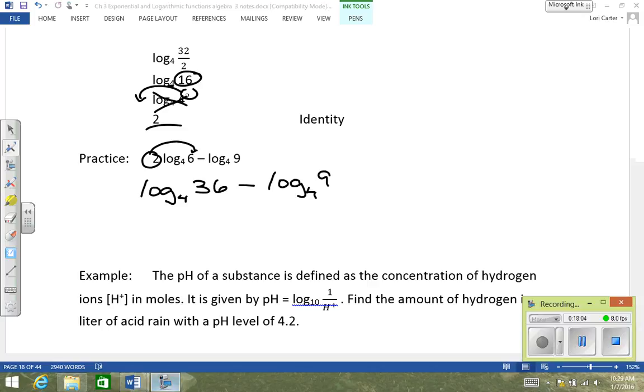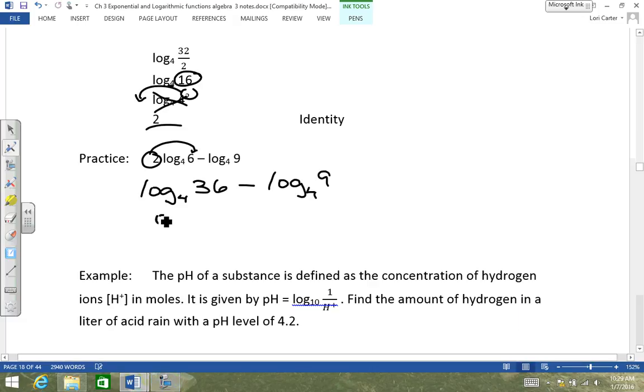So we get log base 4 of 36 divided by 9, which is what? Zach, tell me. Okay? Which is what? It cancels.